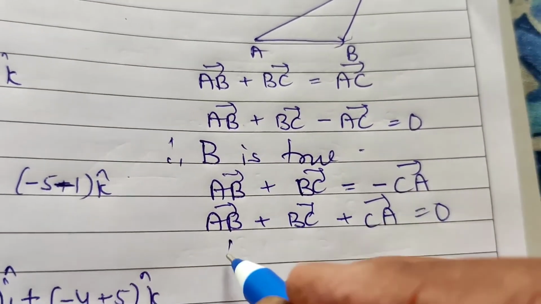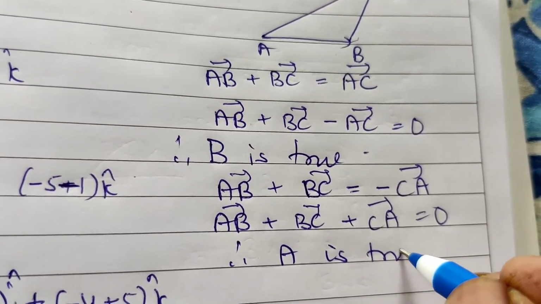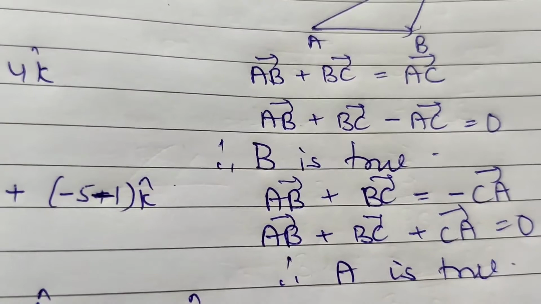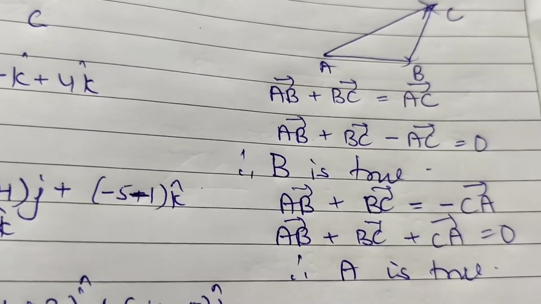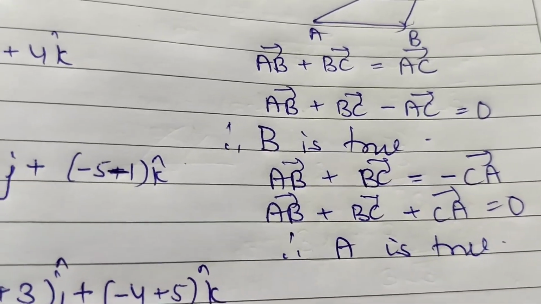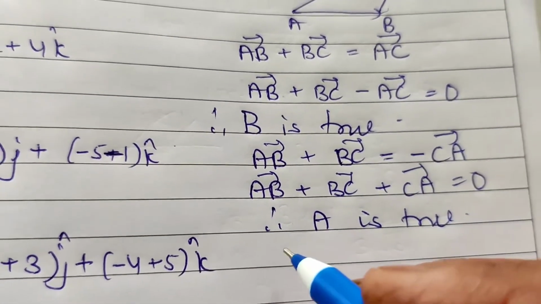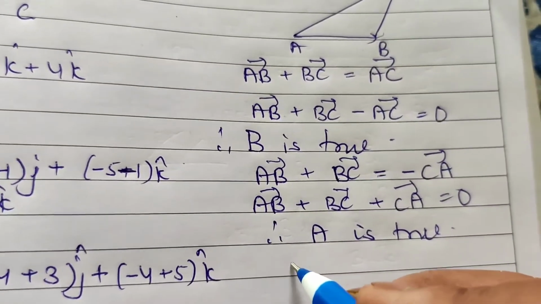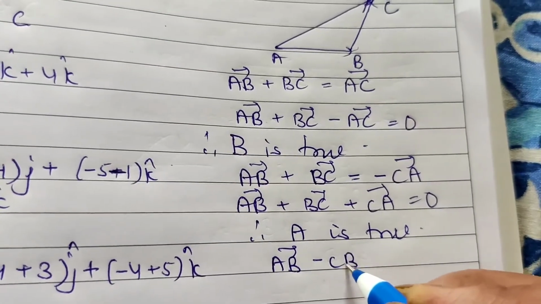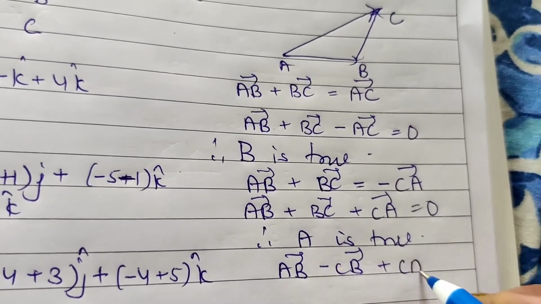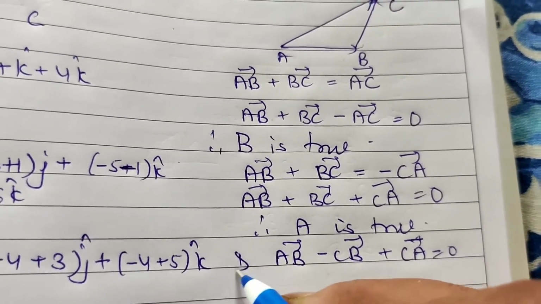Therefore A is true, and B is also true. Next, in D it is given that AB minus CB plus CA equals 0.